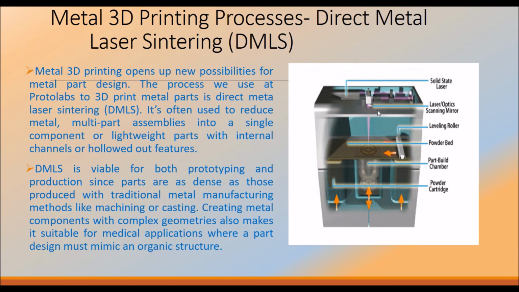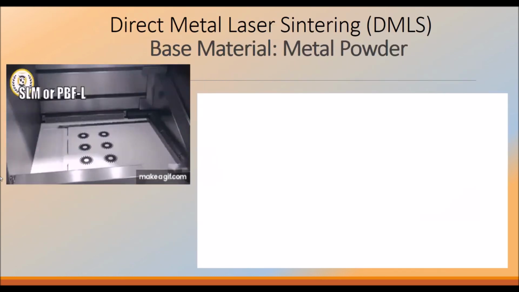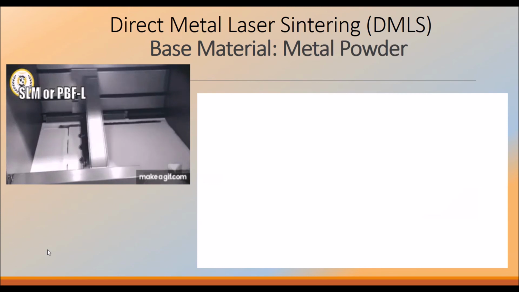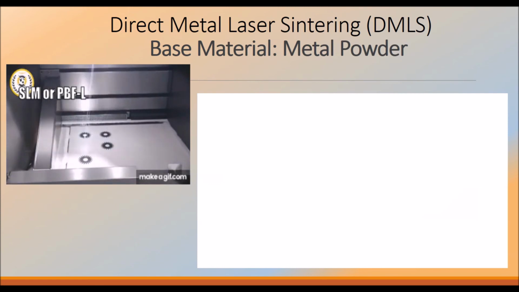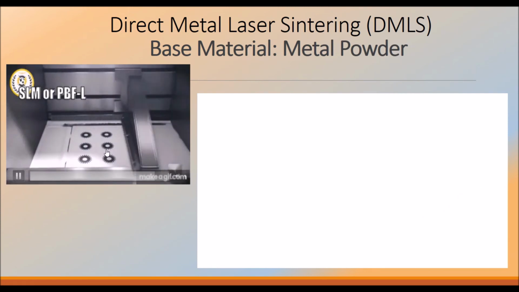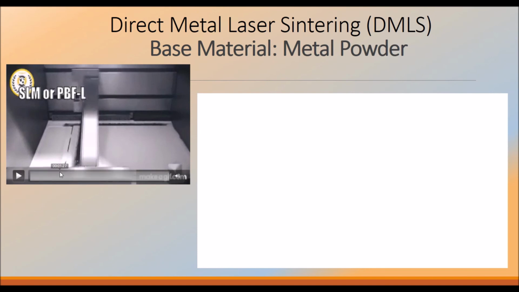So this is what the metal 3D printing process will look like. In the coming slides we are going to see the process. From this GIF we are going to see that a layer will be filled and by using the layers a metal component will be printed like this.